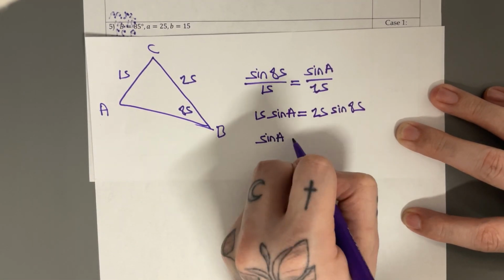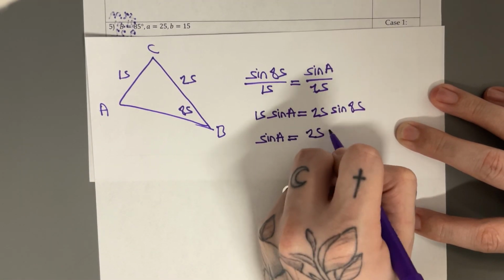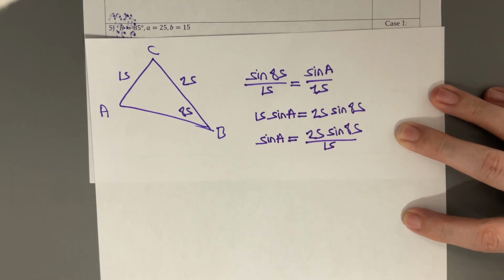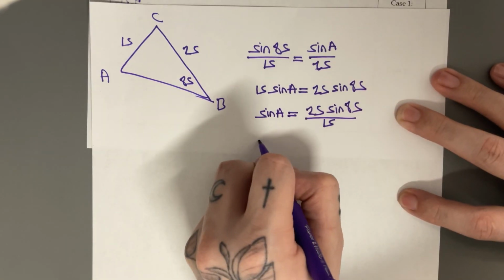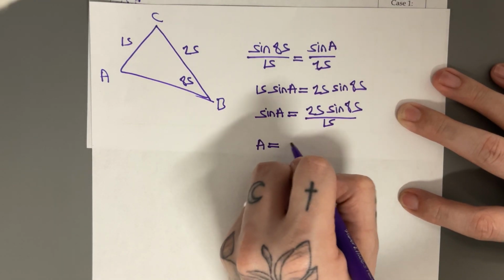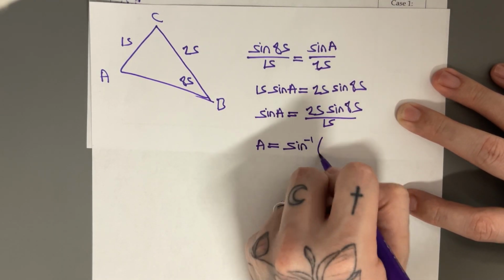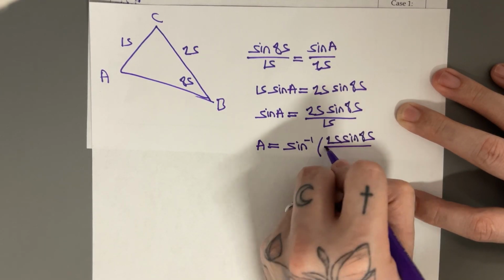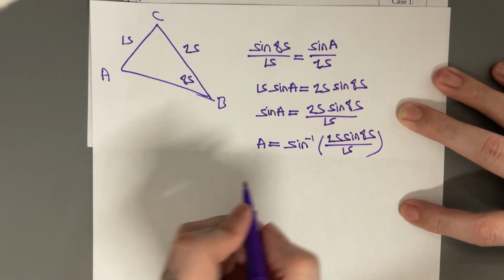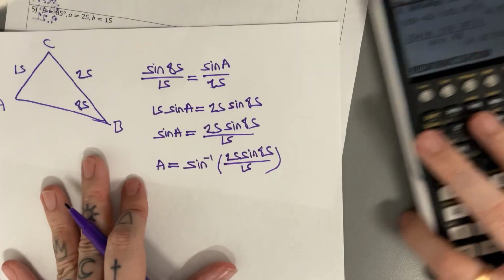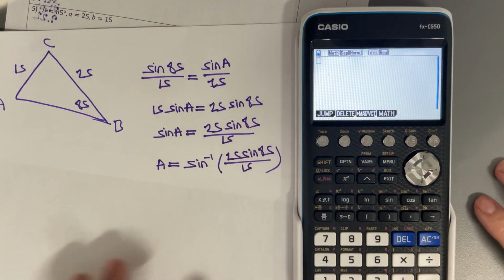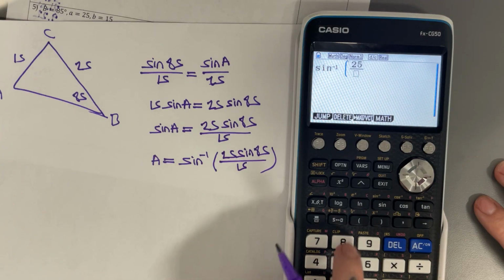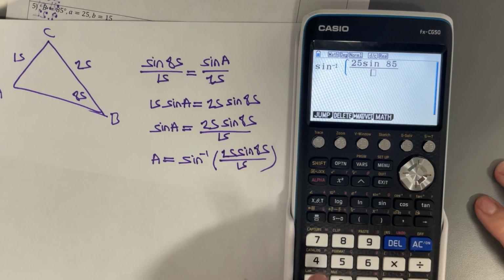So sine A is going to be equal to 25 sine 85 over 15. And then you're going to take inverse sine of both sides. And now we're ready for the calculator. So over yonder. I'm going to do inverse sine, and then 25 sine 85 over 15.